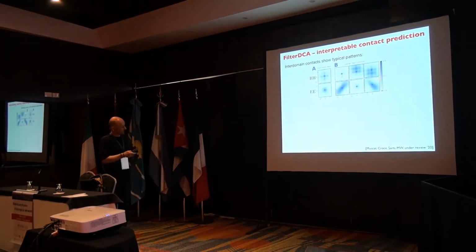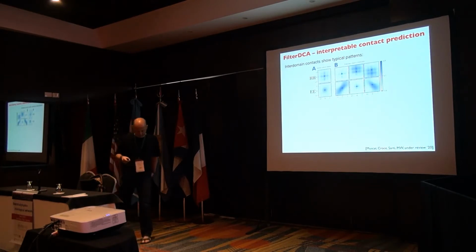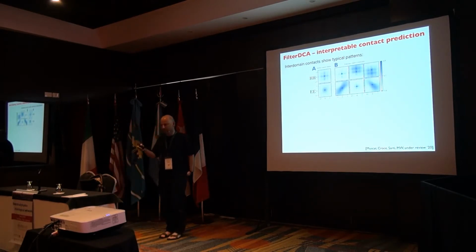And so what we have used, recently in a paper which is on arXiv and bioRxiv, but not yet published, is that we have tried to do something which is not as powerful but fully interpretable.